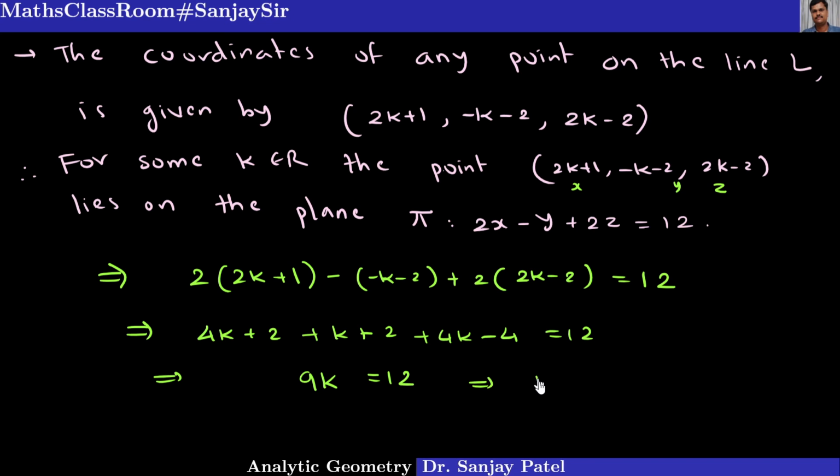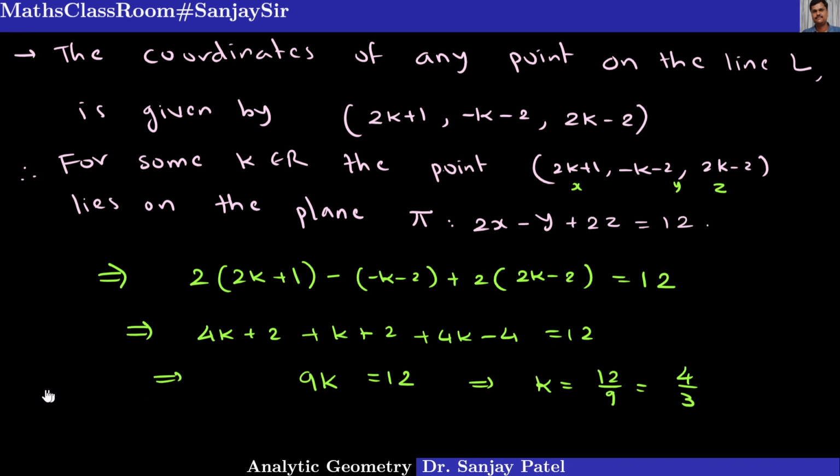So that gives me k is equal to 12 by 9, which is nothing but 4 by 3. So for this particular value of k, this line intersects the plane at the point M.